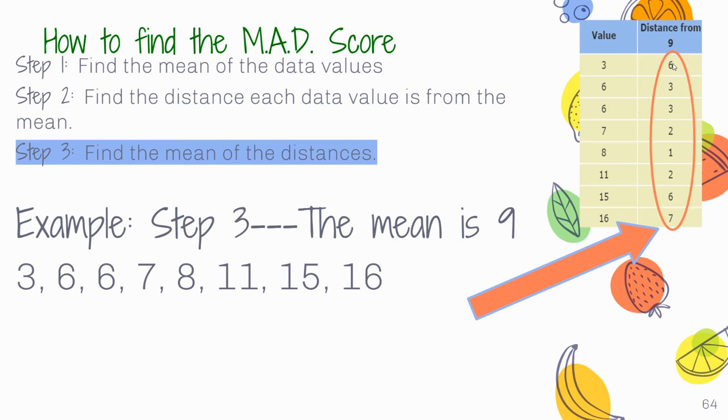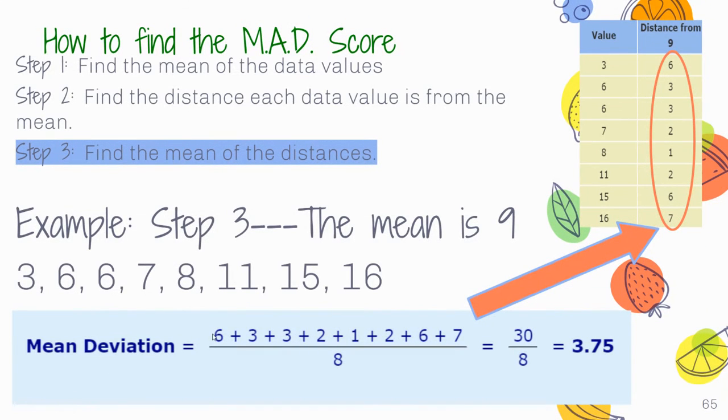So I take 6, 3, 3, 2, 1, 2, 6, and 7. Those are all the distances from 9, which is our mean for this data set. And I'm going to find the mean. So 6 plus 3 plus 3 plus 2, these numbers are coming from over here, plus 1 plus 2 plus 6 plus 7 equals 30.